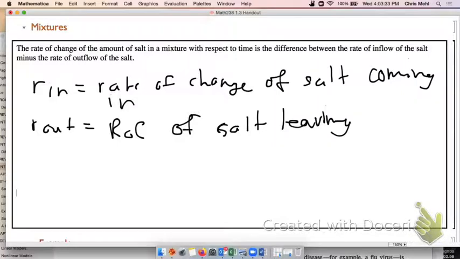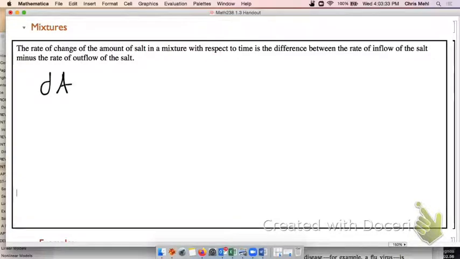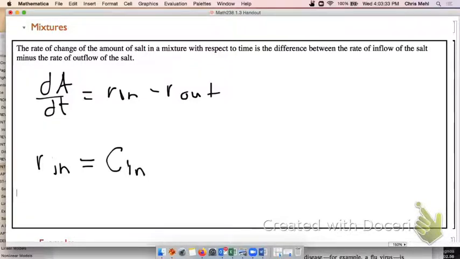So when you write dA/dt, it's the rate of the inflow minus the rate of the outflow. I'm just going to write R_in for example; it's the same for R_out. This would be the concentration of salt in the inflow, but then you'd have to multiply that by capital R_in, which is the rate of inflow of the mixture.